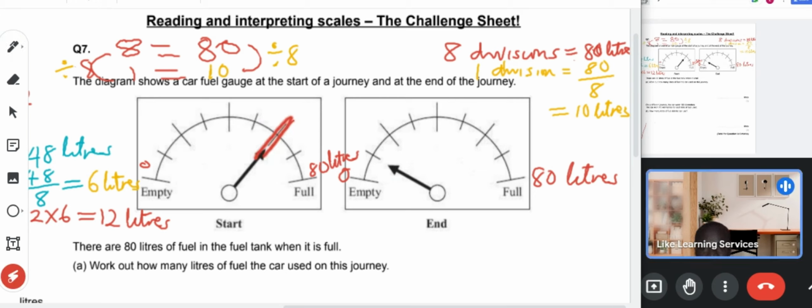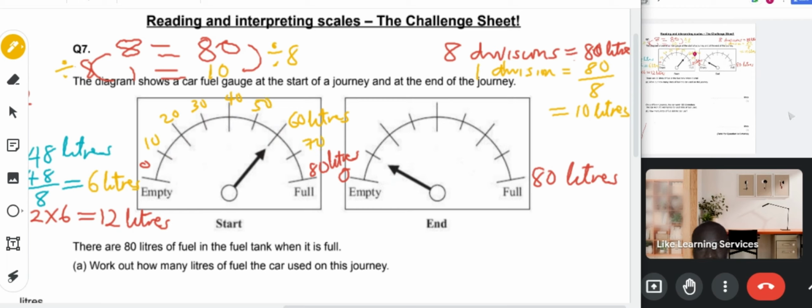What's the value here now? This is 10, 20, 30, 40, 50, 60. So that's 60 liters.